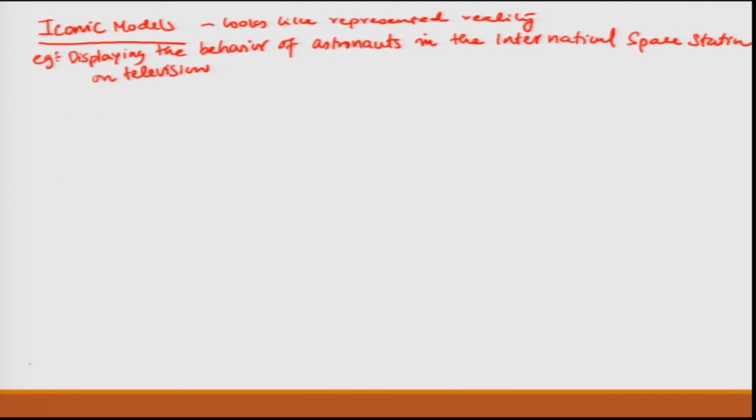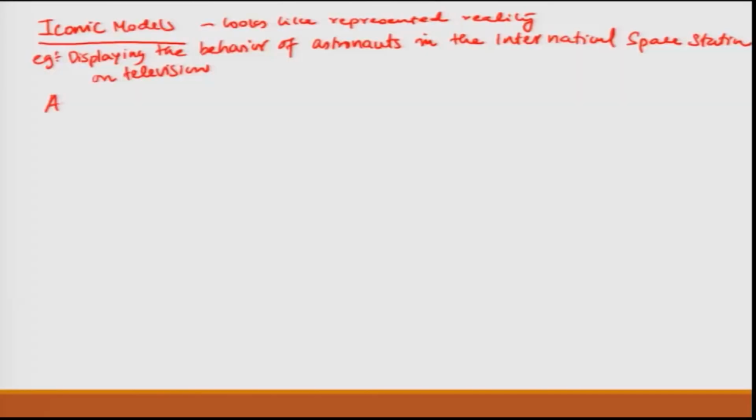Okay. This is what we call an iconic model. It is a represented reality of what is actually going on. You are not seeing what is going on in the system, but you are actually seeing on a TV screen what is going on there. So, that becomes an iconic model.